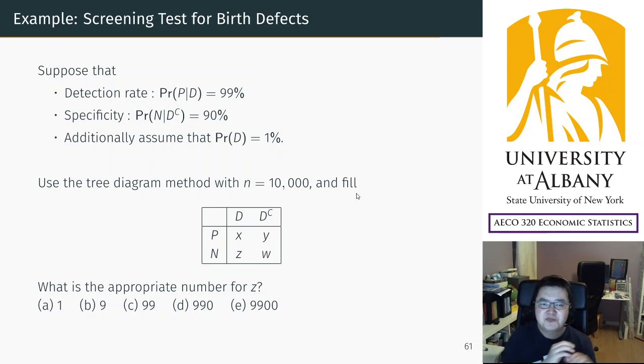So that means, suppose that there are 10,000 baby samples, baby blood samples, or whatever, and you are going to classify them into these four categories using these numbers, these probabilities.